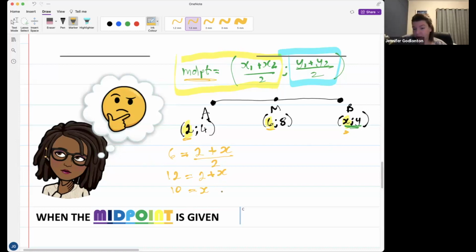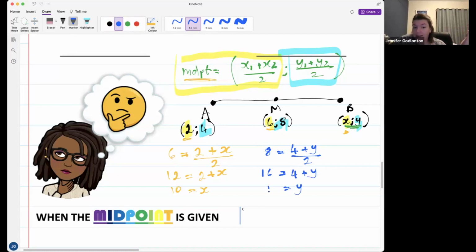Then we do the exact same thing for our y values. So let's get a blue pen happening over here. Our midpoint for our y value is 8. It's equal to 4 plus y over 2, which means 16 is equal to 4 plus y.